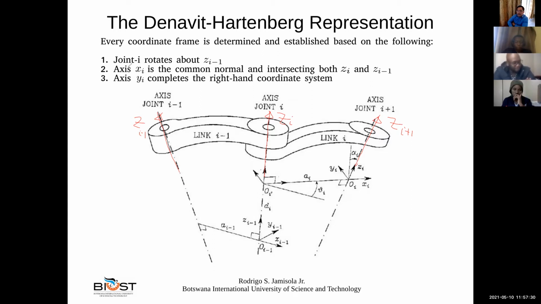Now, axis Xi is the common normal intersecting both Zi and Z(i-1). Where is Z(i-1)? This is the one. And Zi, this is the one. A line will intersect both. This line will intersect that line.